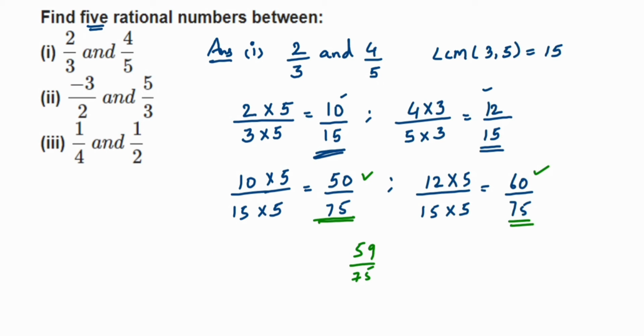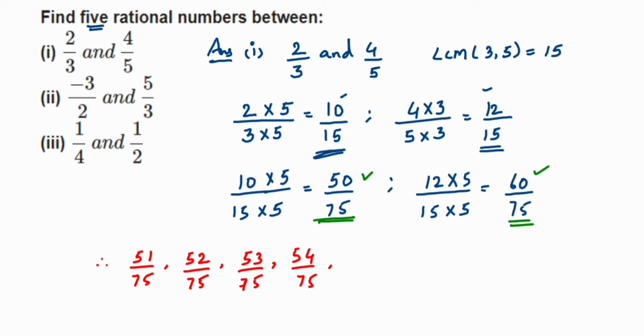So from here we can conclude, therefore, we'll take 51 upon 75, 52 upon 75, 53 upon 75, 54 upon 75, and one more we want, so 55 upon 75 are 5 rational numbers.